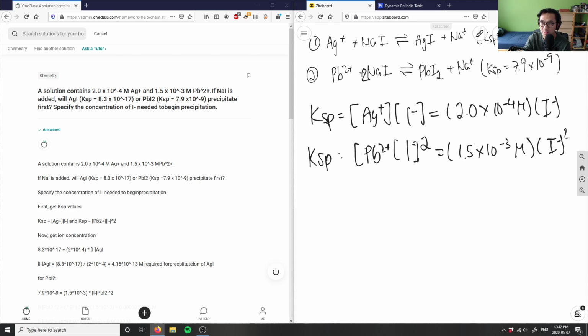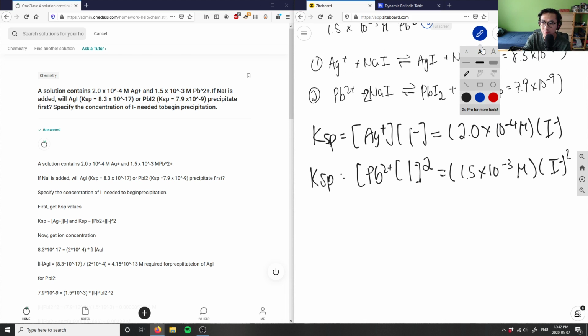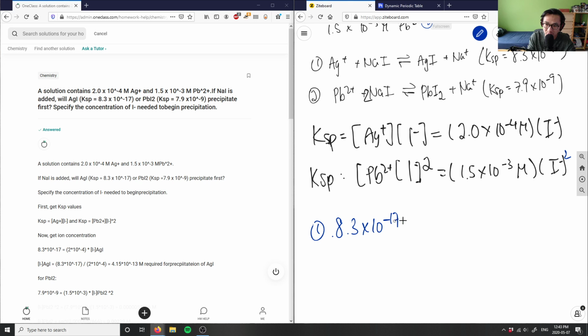So let me rewrite this now. Maybe I'll do blue for silver iodide here. So the KSP for 1 is going to be 8.3 times 10 to the negative 17, and it's going to equal 2.0 times 10 to the negative 4 molar times I-. I can simply divide both sides to get the concentration of I-, right?